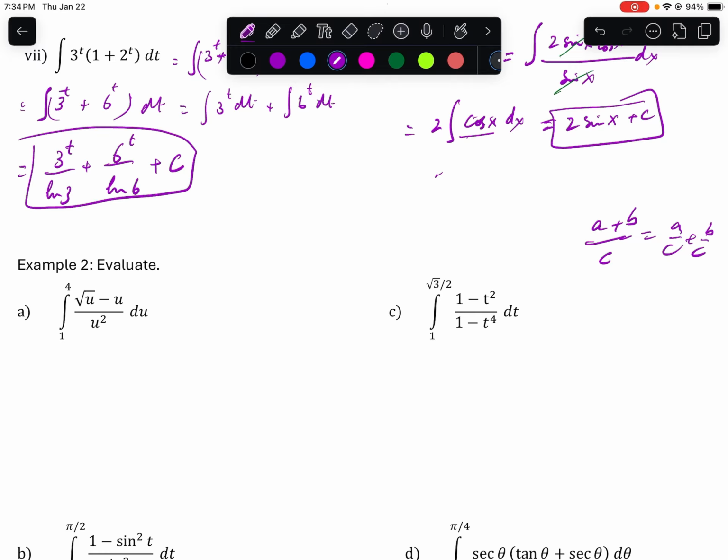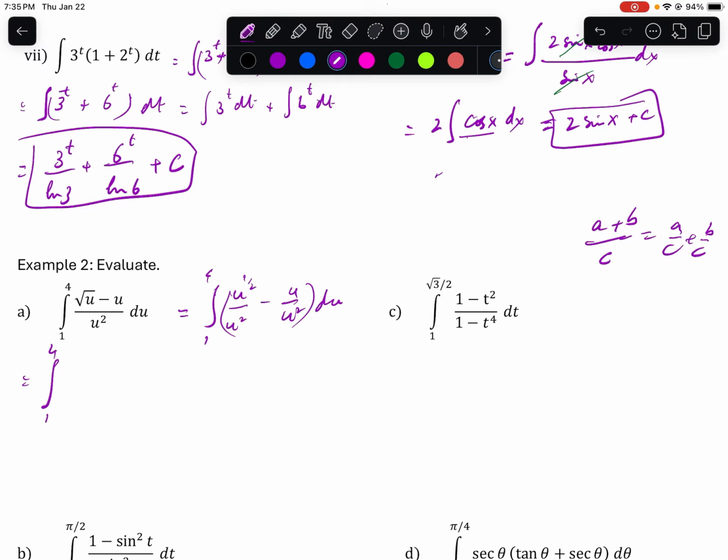So this is what you should do here. So you can write it as the integral of u to the 1/2 over u squared minus u over u squared du, and the integral is going from 1 to 4.